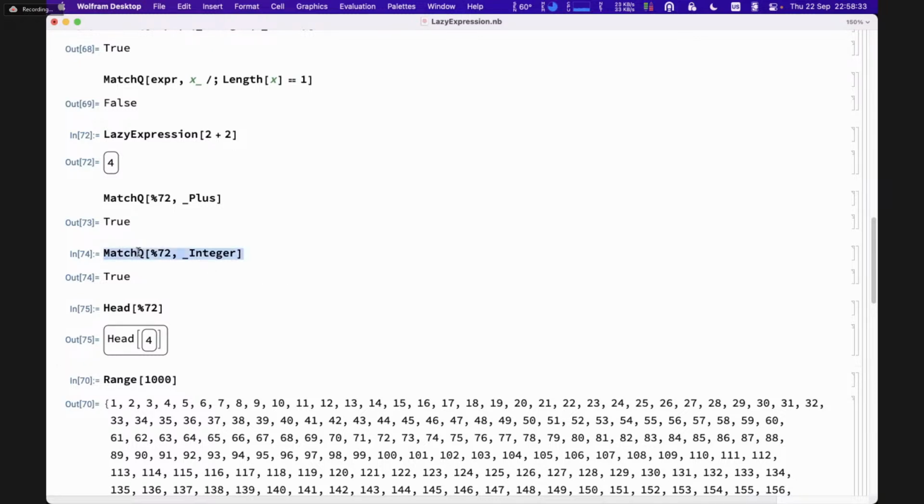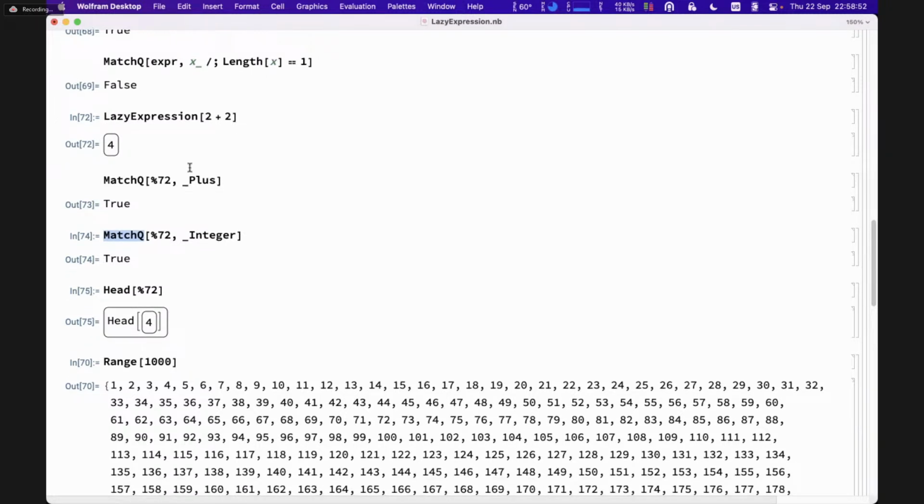Well, match q is a special case. It's like the up value for lazy expressions. It has an up value for everything, but it has a special up value for match q. Exactly. And also replace at this point. But yeah. Color me unconvinced here. Does that mean that you can't put a match q into the lazy expression directly?